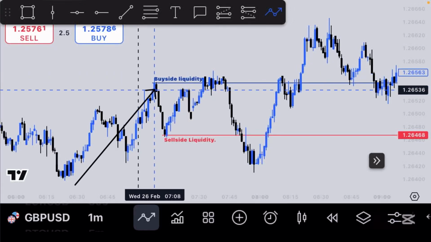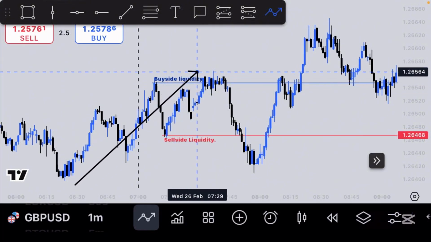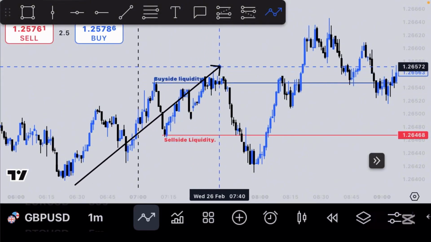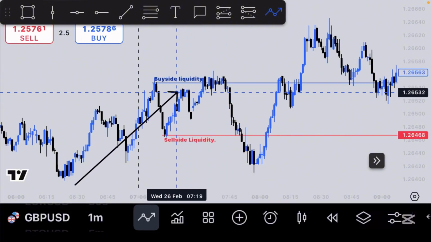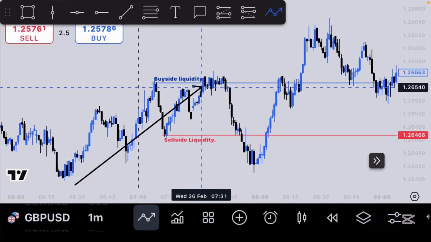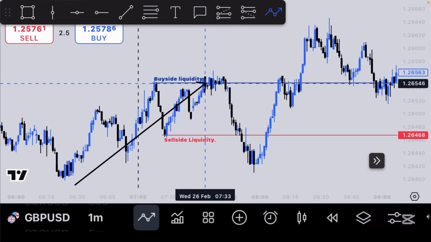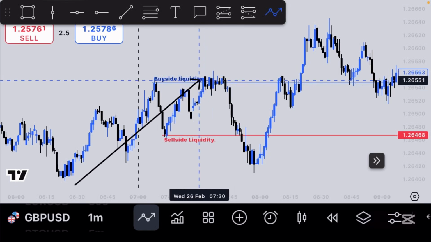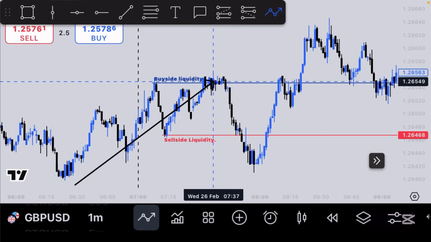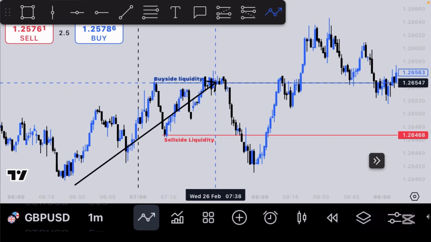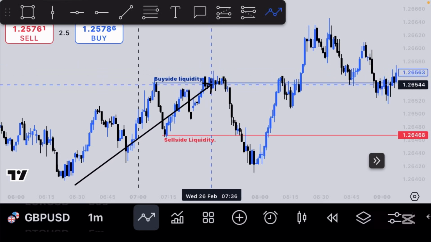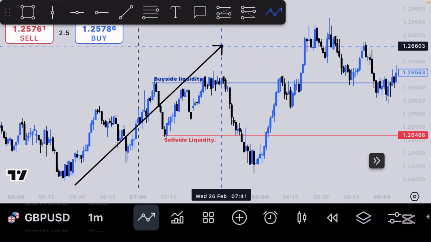So the market will target all those stop losses first before doing its thing. So now at this level, it breaks the buy side. So some of us newbies now will put a buy limit right here, so that if the market breaks, it will take us for a buy program.